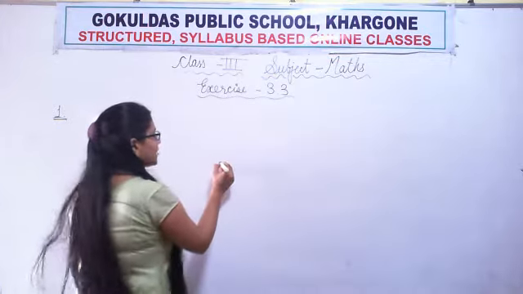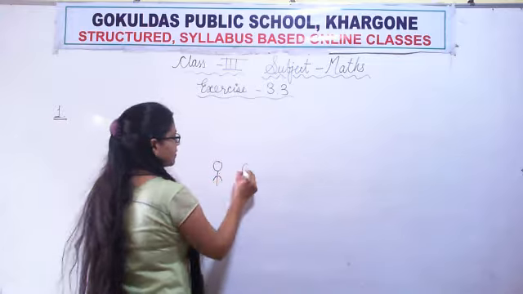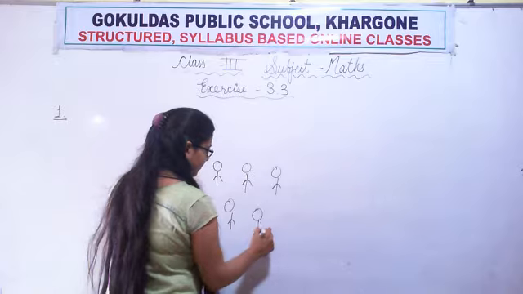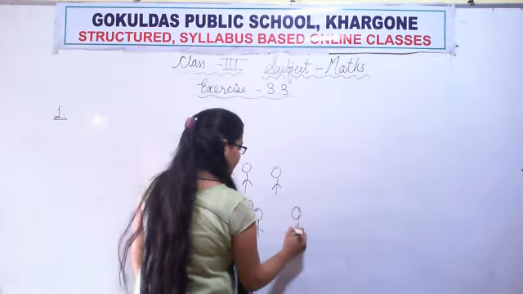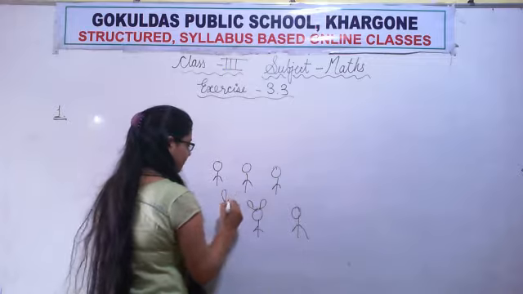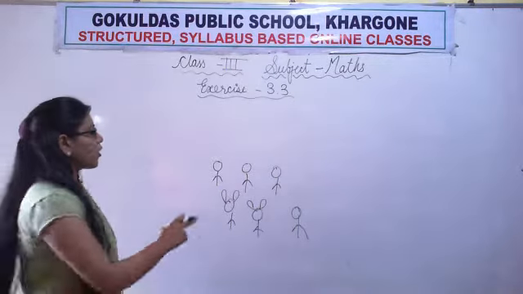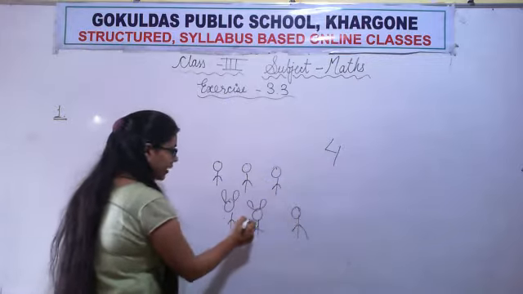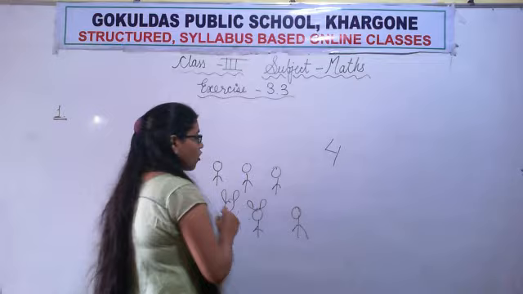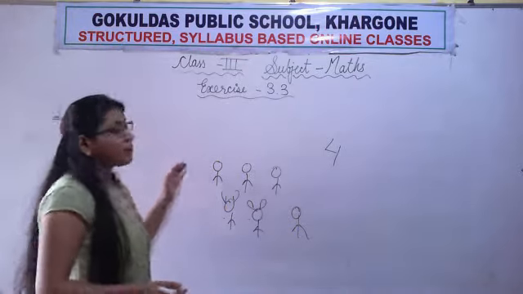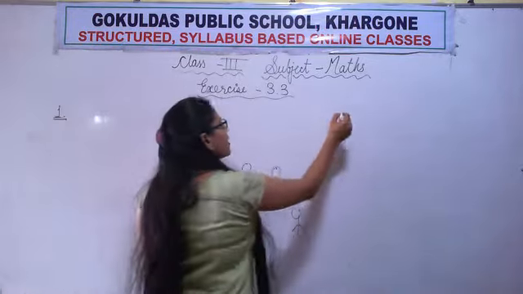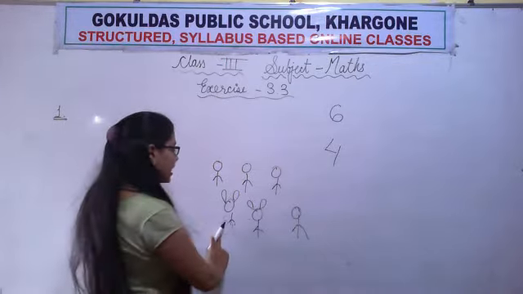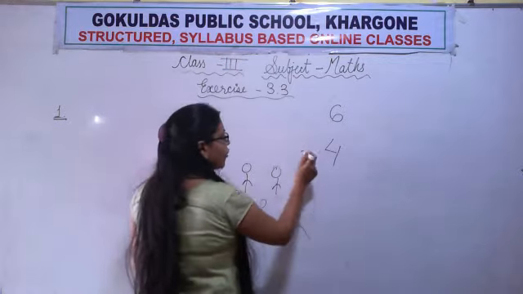Suppose there are 6 children, 1, 2, 3, 4, 5, 6. Now they are saying that 1, 2, 3 and 4 are boys.